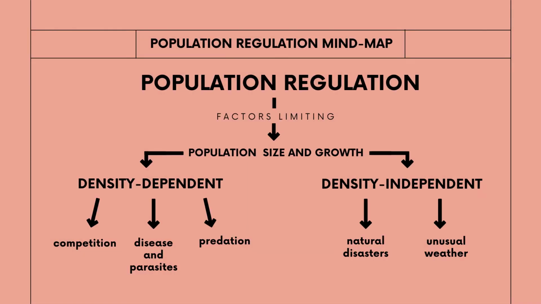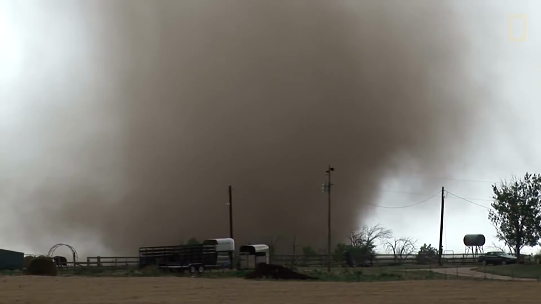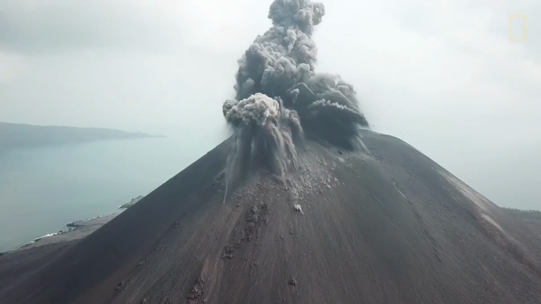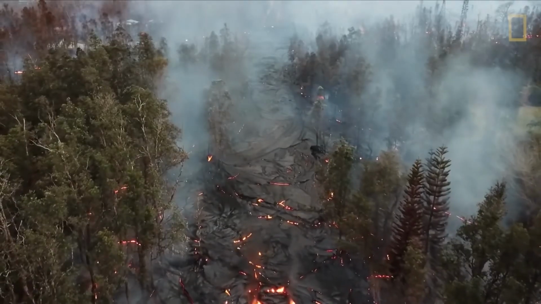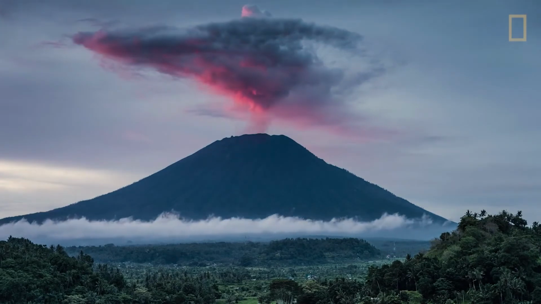On the other hand, density-independent factors affect per capita growth rate, independent of how dense the population is. These are abiotic factors such as natural disasters which may shift population sizes. Events like severe weather and fire generally decrease the organism's population because of migration or deaths.